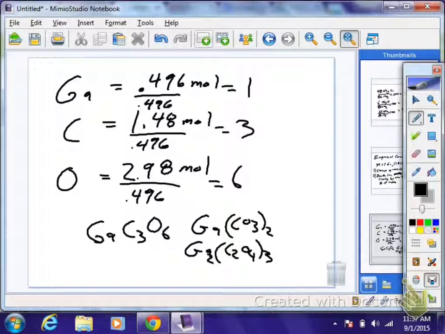Because the actual formula is Ga2(C2O4)3. Okay? Any questions with that? So, how do you know? Well, I picked that one because I thought that would be a good one to see how that can work just by multiplying everything by 2. And when you do that, then you kind of get an idea what the polyatomic ion would be.